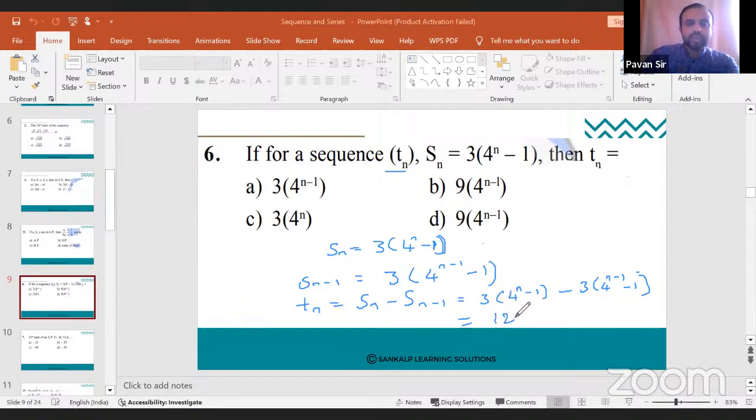So it is 12n minus 3, minus 12 raised to n minus 1, plus 12 plus 3.